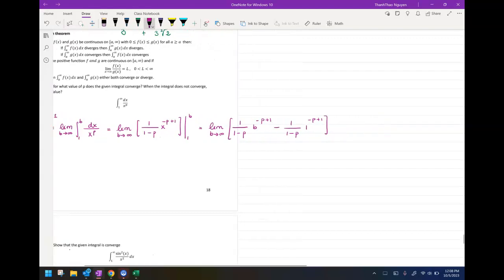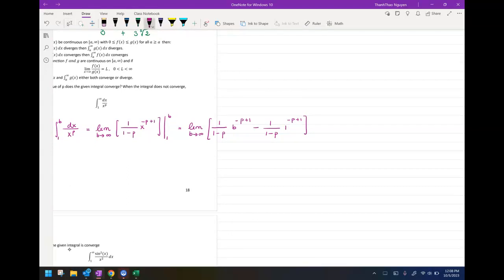So let's clean this up. Well, I can factor out the 1 over (1 minus p), and this is times the limit as b approaches infinity of b to the (negative p plus 1) minus 1.